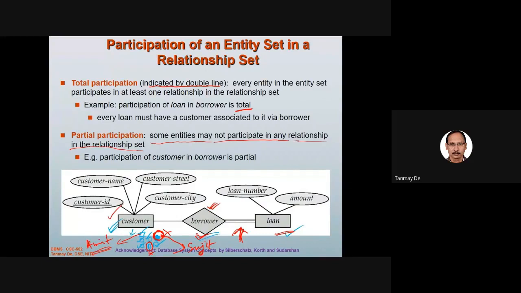So which one is better practice or more meaningful? The printf statement giving a message to enter the input and then the scanf statement to accept the input, or only the scanf statement? Printf and scanf combination is more meaningful. Is it clear? So here also, if you reflect total participation and partial participation in the ER diagram, it will be more meaningful than if you have not mentioned them.